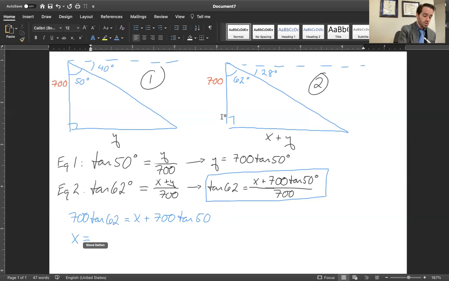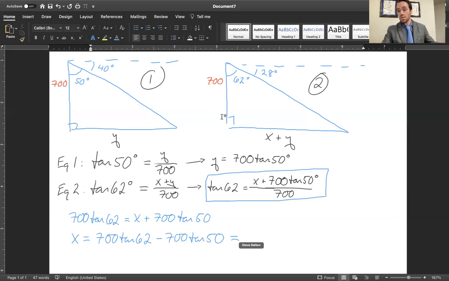So x equals 700 tangent of 62 minus 700 tan 50. And this, boys and girls, is why God made calculators. So 700 tangent of 62 minus 700 tangent of 50.